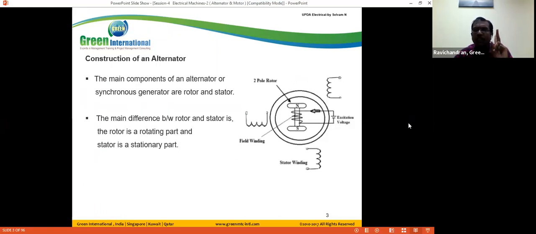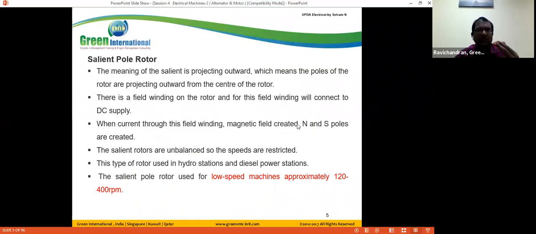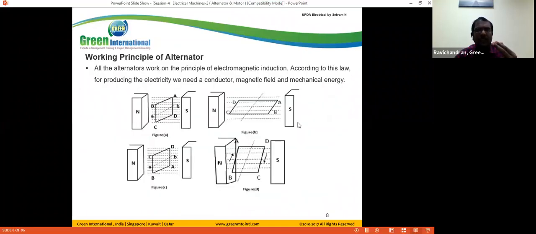So construction of the alternator. We need two things: one is the rotor, another is the stator. Before going to the construction, we first discuss the working principle. As per Faraday's law, an alternator or generator works on the principle of Faraday's law.